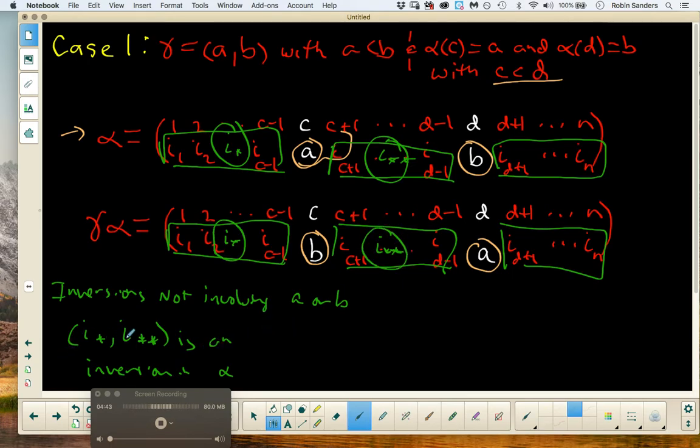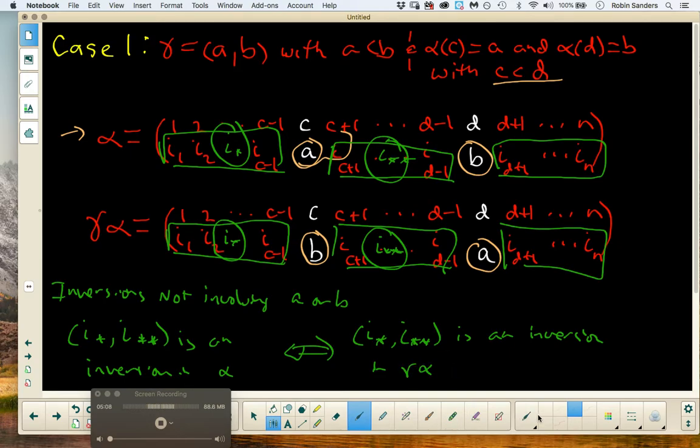So this particular ordered pair is an inversion in alpha if and only if that same ordered pair is an inversion in first do alpha, then do gamma.